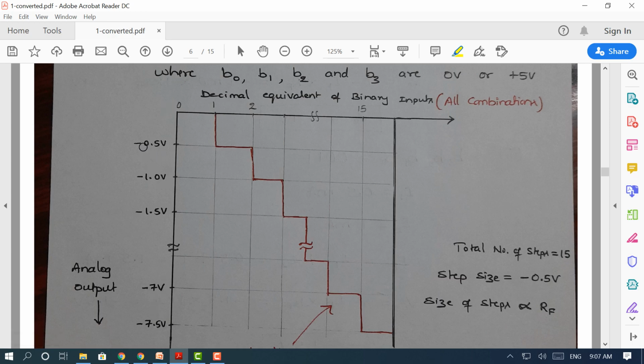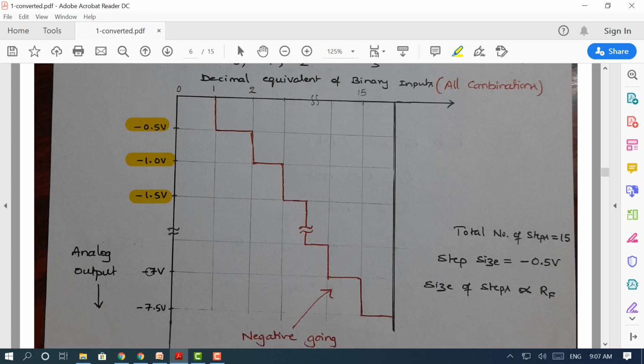The analog output varies from minus 0.5 volts for the input combination 0, 0, 0, 1, which we have seen already. For the combination 0, 0, 1, 0, the analog output voltage is minus 1 volt. For 0, 0, 1, 1, the analog voltage is minus 1.5 volts.